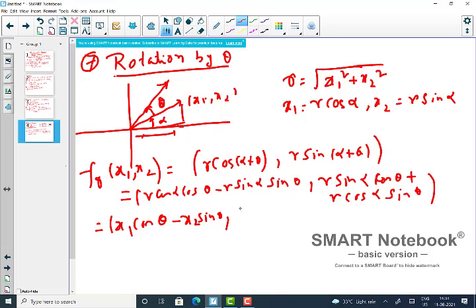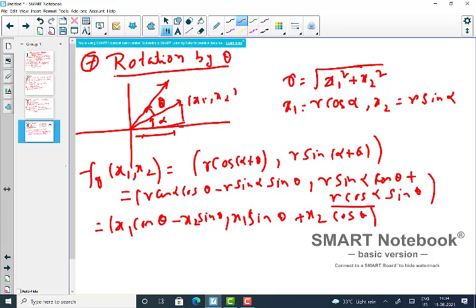The same way, the second coordinate will be x1 sin theta plus x2 cos theta.